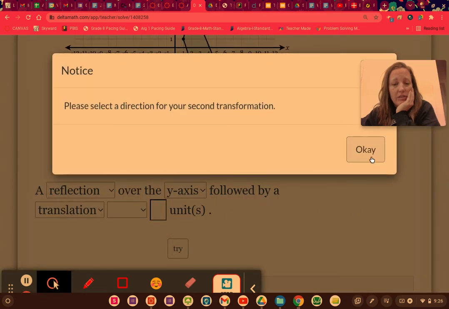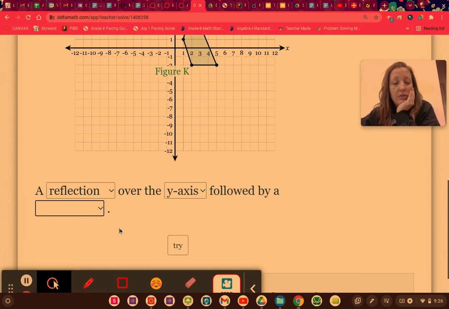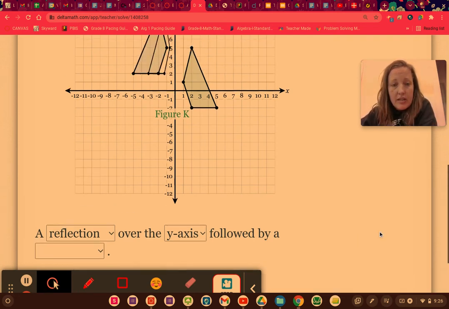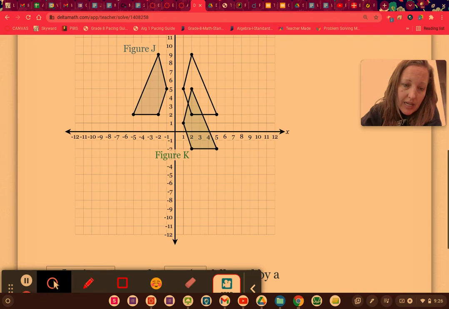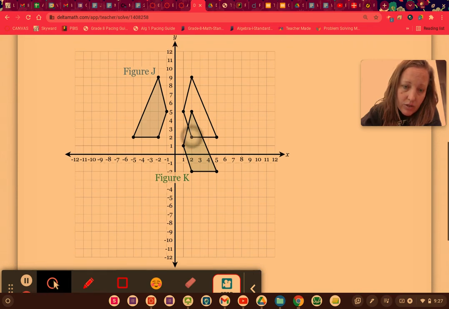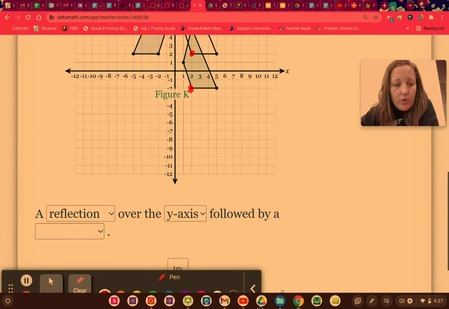I have to. Okay, so get rid of this. Good. That's good to know. If you only want to do one thing at a time, don't even start it. So hit try. Okay, I love it. Now I can see I'm going to slide, but I have to figure out how far. From here, let's go down here. That's 1, 2, 3, 4. So 4.